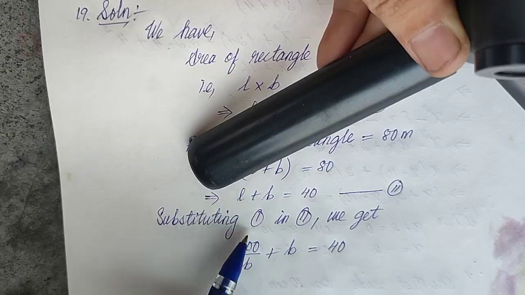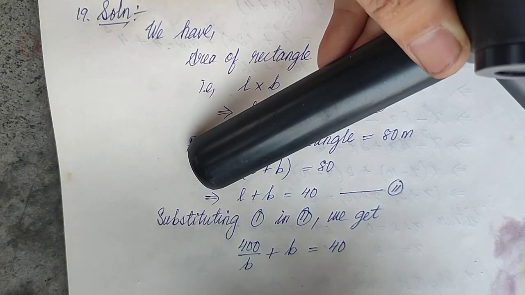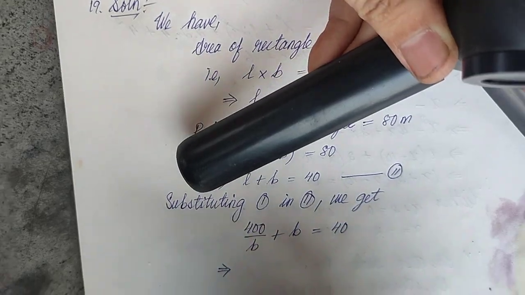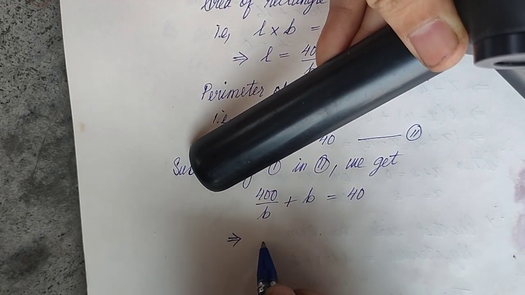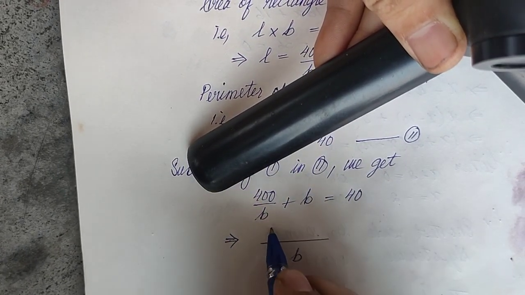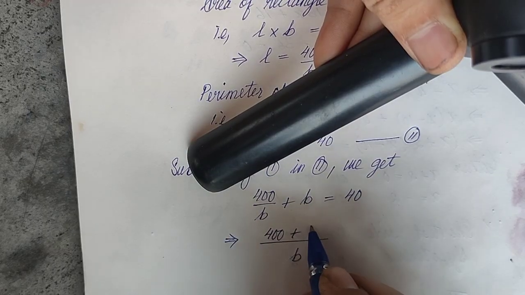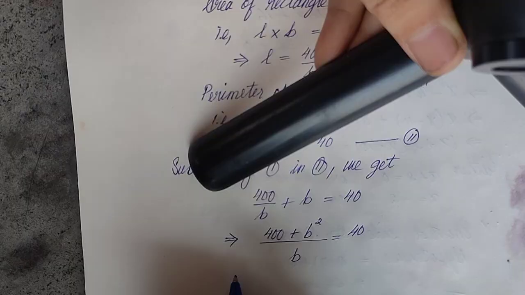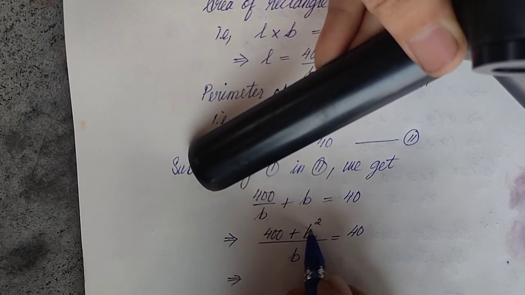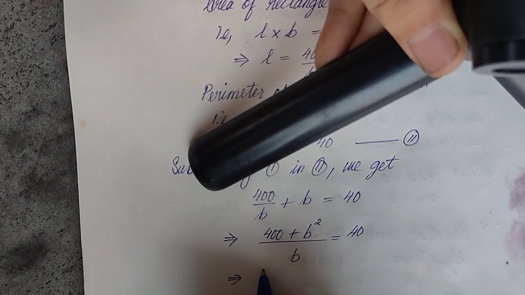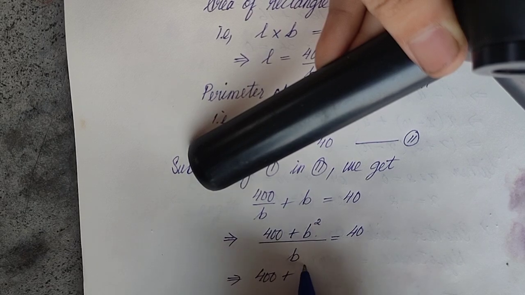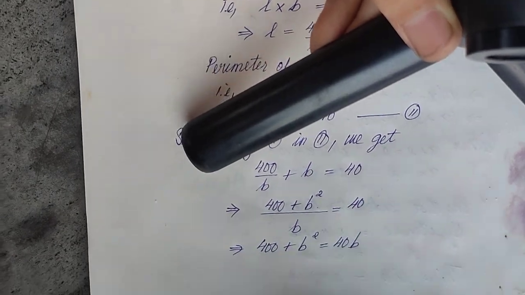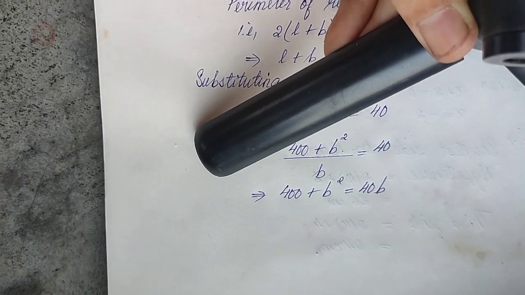Taking LCM, which is B, we get 400 plus B squared. Cross multiplying, 400 plus B squared is equal to 40 into B, that is 40B.